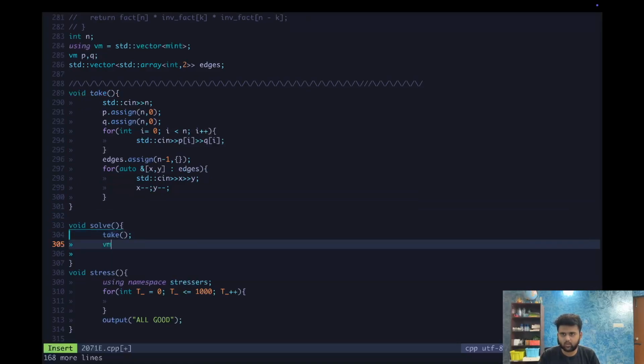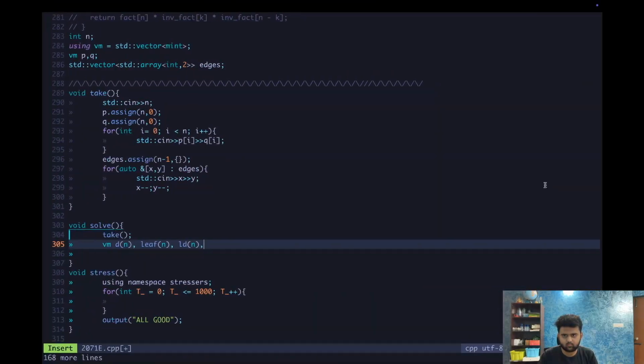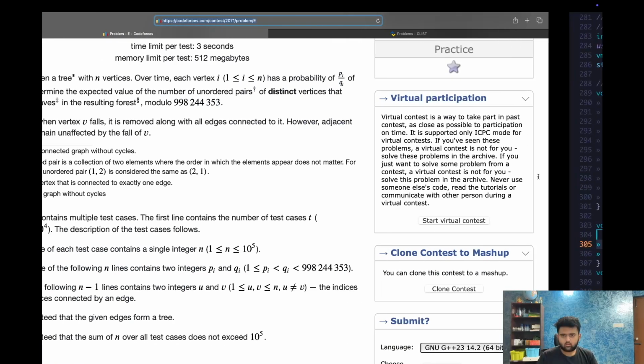So first we'll make our vectors. You have D, you have is leaf, your probability of being a leaf, and you have LD, which is the sum of ratios, and you have prod.